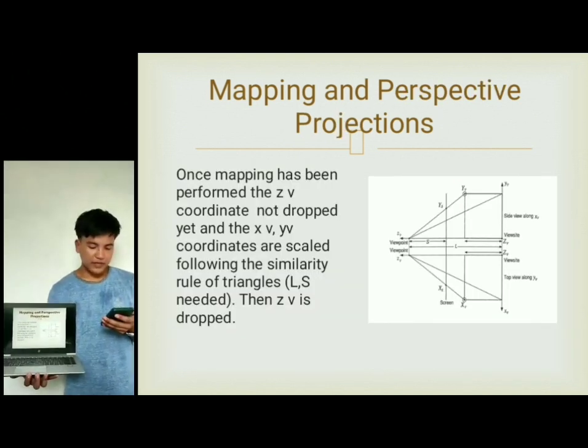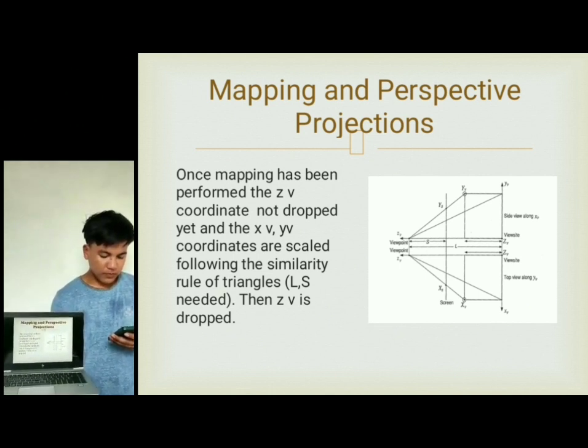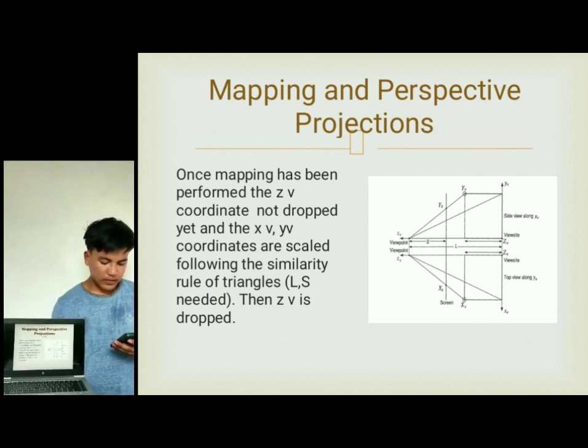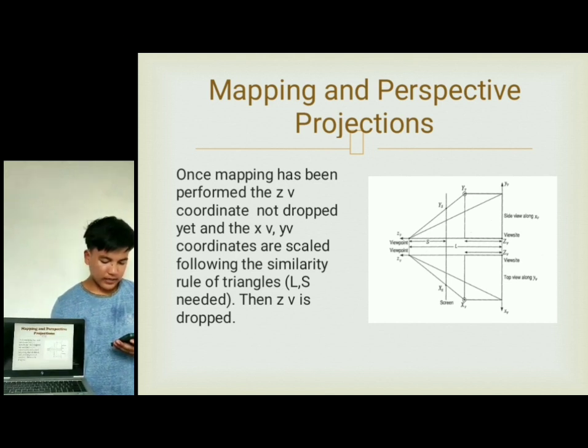Mapping and perspective projection. Once mapping has been performed, the z coordinate is not dropped yet, and the xB, yB coordinates are scaled following the similarity rule of triangles as needed. Then zB is dropped.